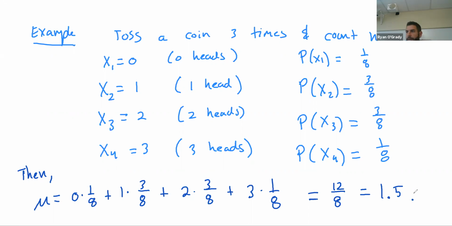Now, this should make intuitive sense to you, I would think. If you're flipping a coin 3 times, and the coin is fair, well, then you'd figure if you did it a couple times, you'd get 1 head this time, 2 heads the next time, because those are the most likely outcomes.